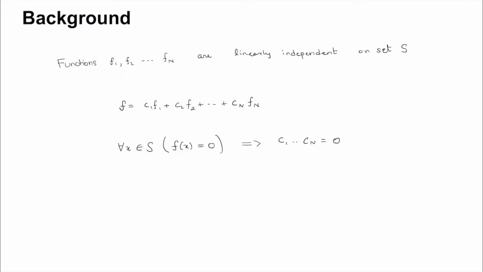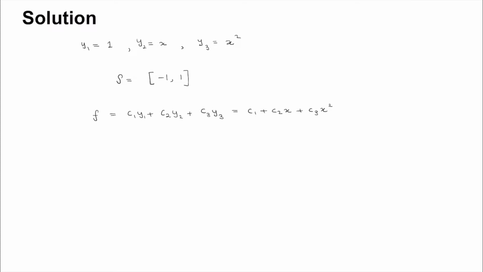If this is true, then it must imply that all the constants are equal to 0 in the weighted summation. So that's the definition. Let's move on to the solution of this problem.